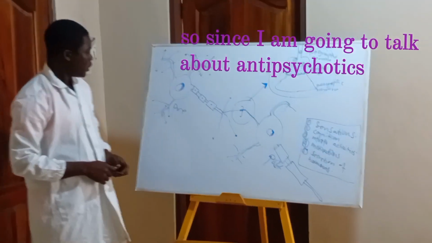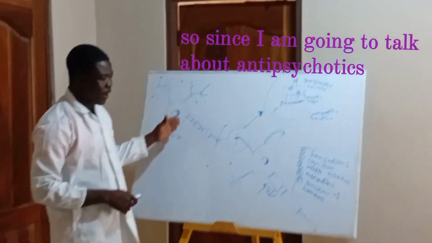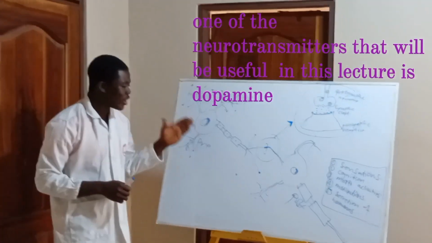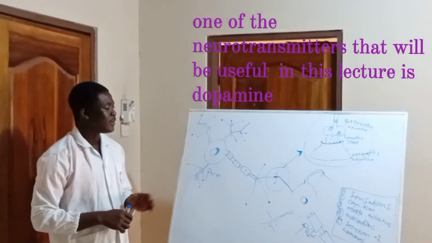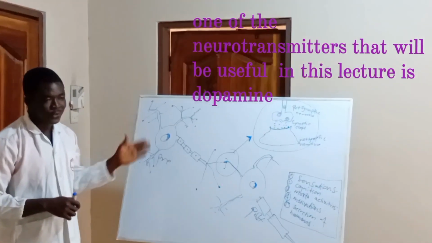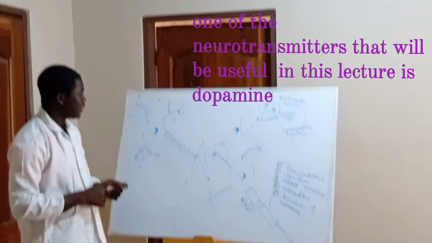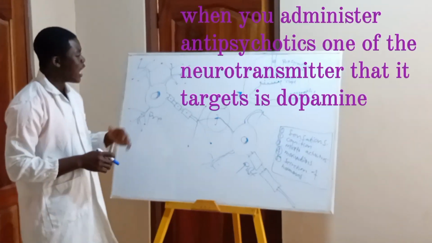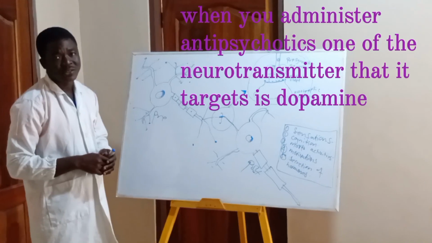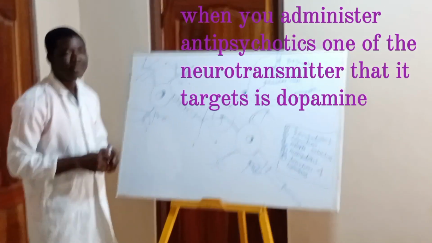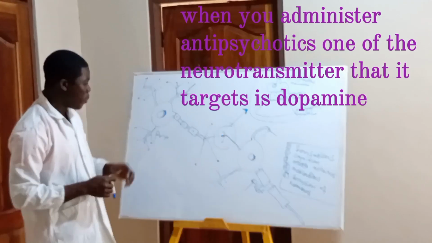Since I am going to talk about antipsychotics, one of the transmitters that would be useful in this lecture is dopamine. When you administer antipsychotics, one of the neurotransmitters that it targets is dopamine.